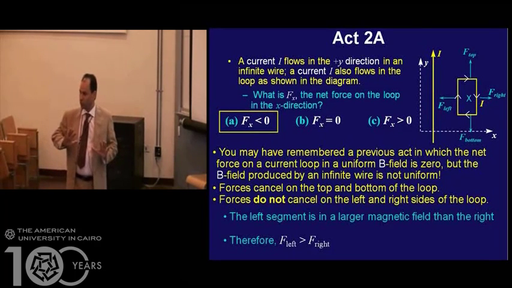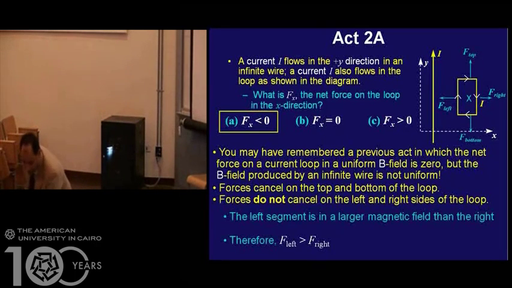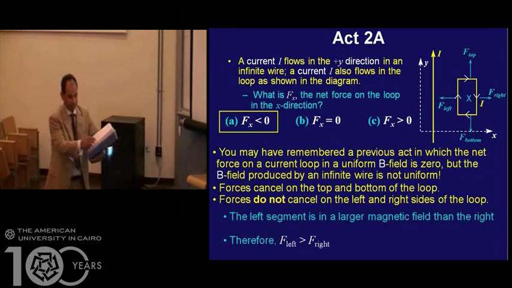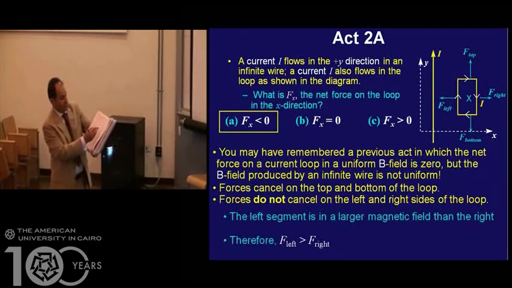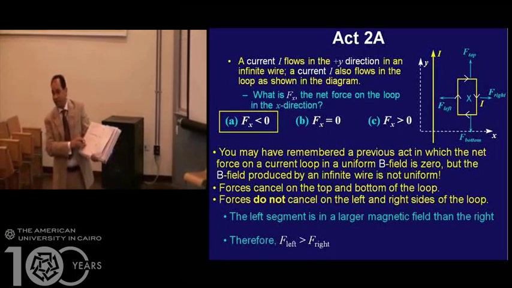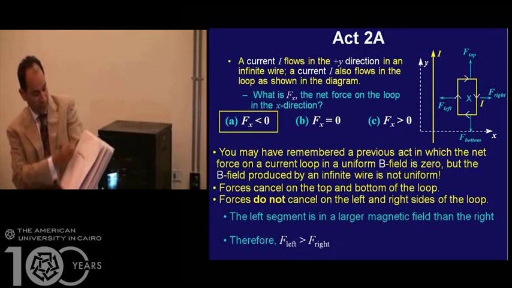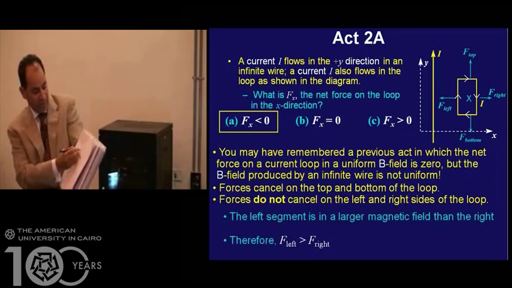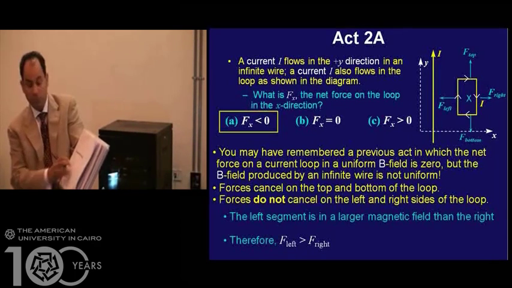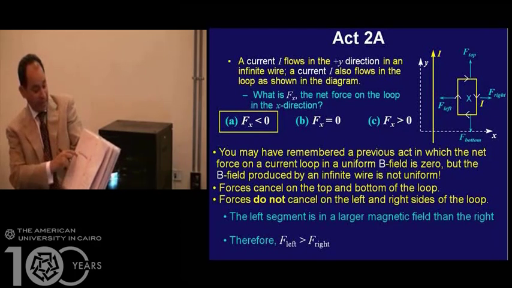Concentrate, guys, on what I'm saying. This is the top segment, right? I'm going to draw the forces in it. The force here is going to be, this is the force at that part only, and the force here is going to be much less. And the reason is, the further you go from the wire, the magnetic field decreases.